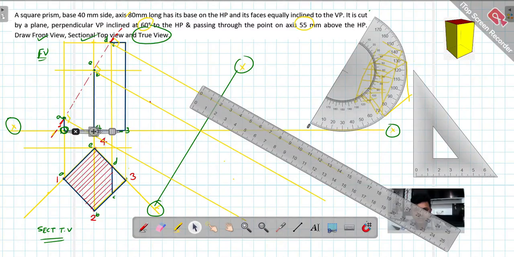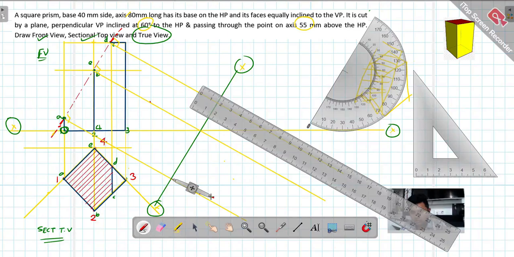Take the distance up to this point A. Take the compass here, keep it here, rotate it, then use red color to mark. I'm using red color to mark.